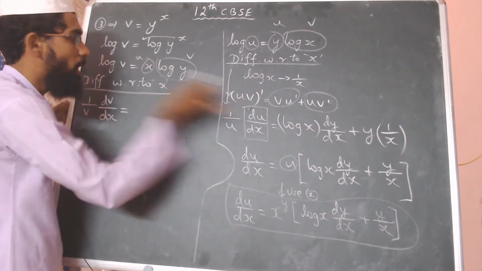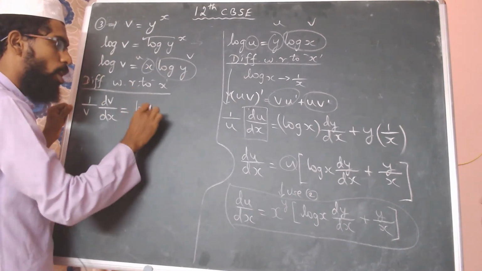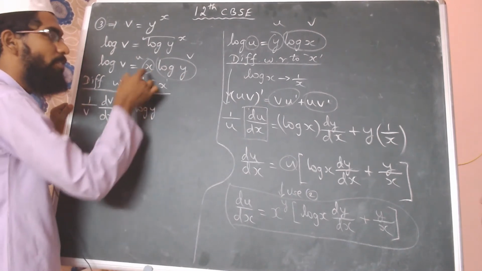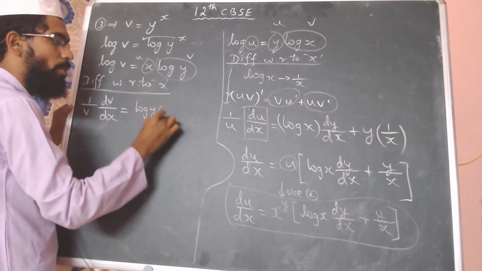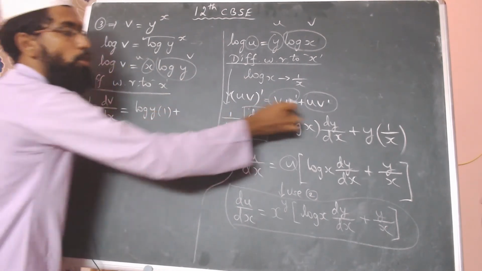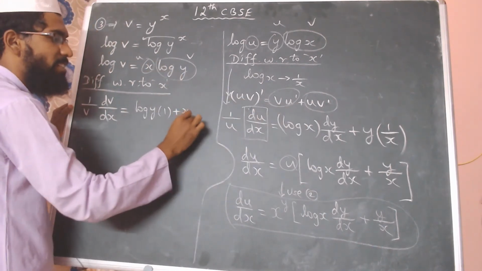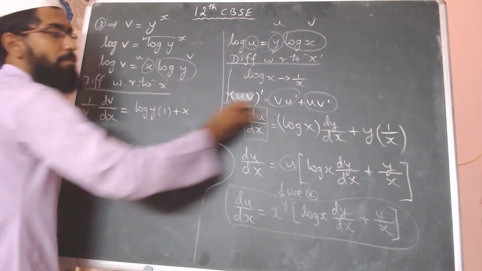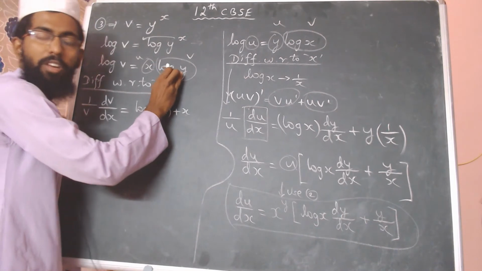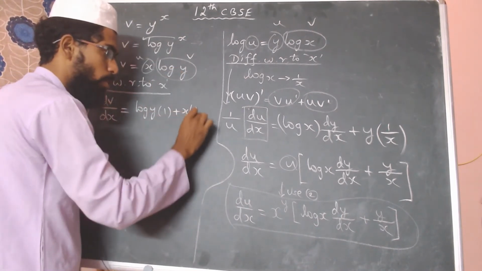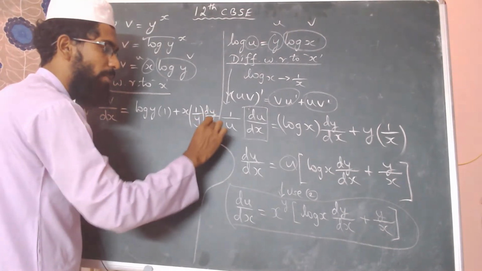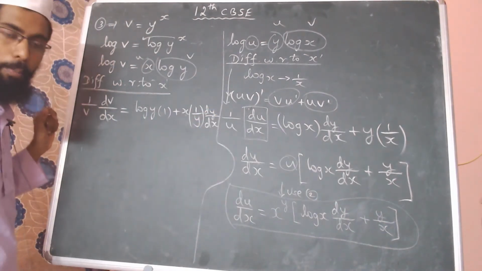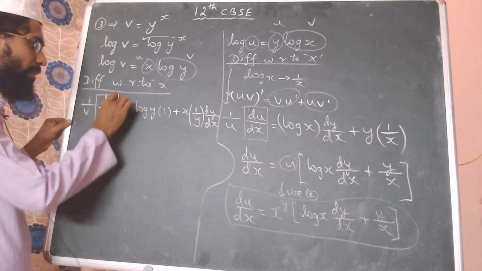Vu dash means put log y as it is, and the derivative of x is 1, plus uv dash: put x as it is, and the derivative of log y is 1 by y into dy by dx, since I have differentiated y.